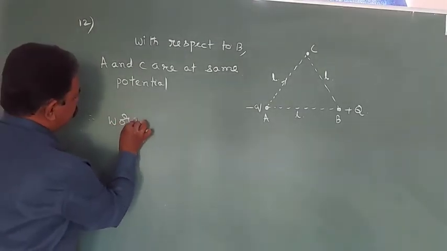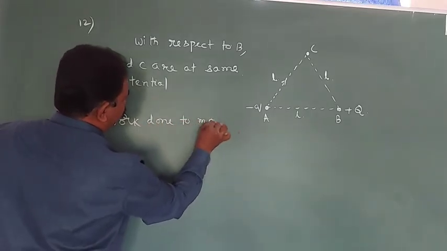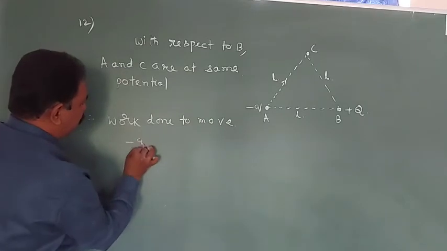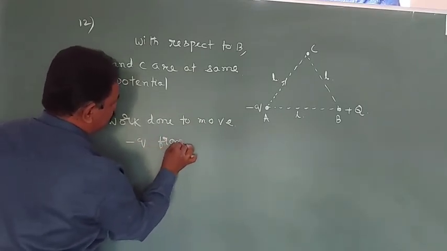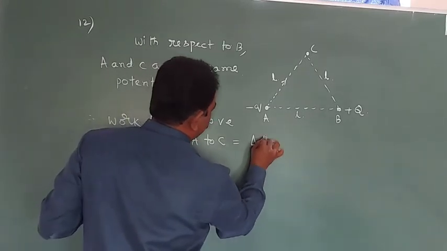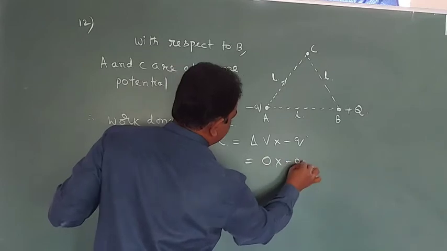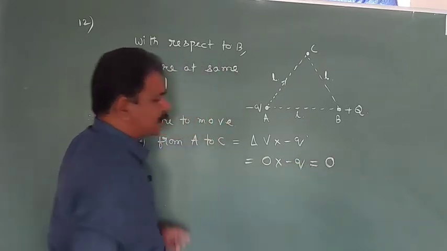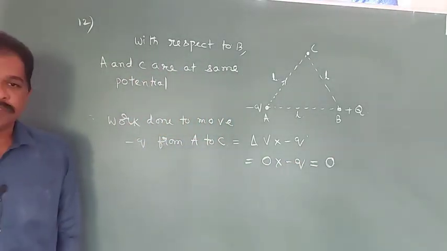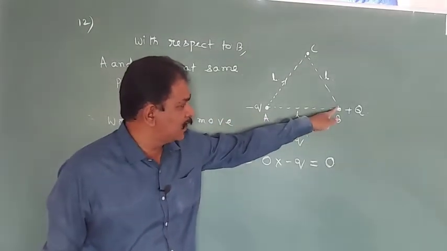Therefore, the work done to move minus Q from A to C is equal to delta V into minus Q. This is 0 into minus Q, that is equal to 0, because of the same potential due to this charge.